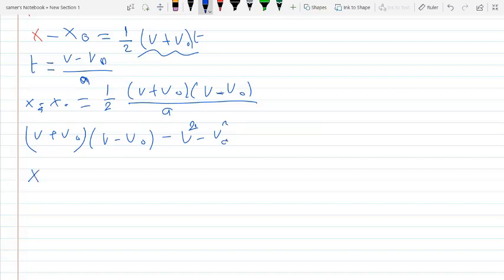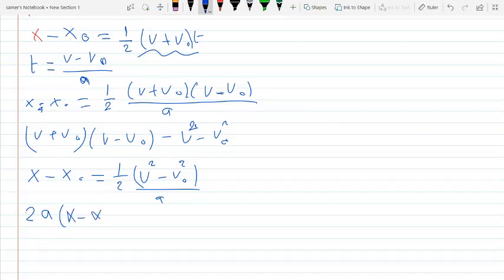Then x minus x0 equals 1/2 times v squared minus v0 squared over a, or 2a times x minus x0 equals v squared minus v0 squared, or v squared equals v0 squared plus 2a times x minus x0.